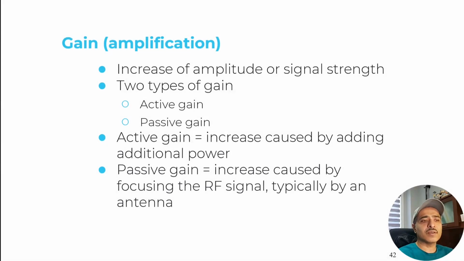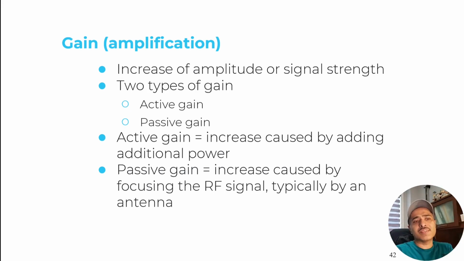Then you have gain amplification, which is active gain and passive gain. The easy way I can think of it is a balloon. If you push air into the balloon, it becomes big, because you're actually putting air into it. But if I already have an inflated balloon and I start pressing the sides with my hands, the balloon protrudes out from the front.